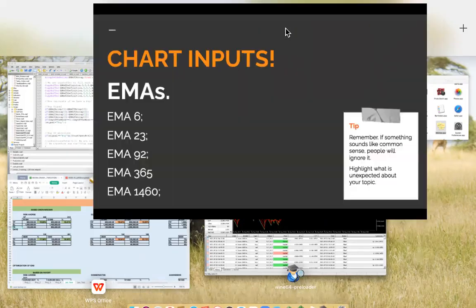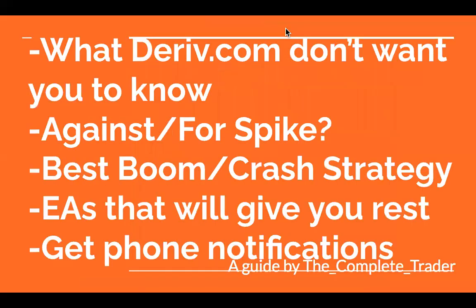And one of the last things that I wanted to talk about was how to get phone notifications on your MetaTrader. Okay, so what you would need to do is you need to get a MetaQuotes ID, and you would need to set up your MetaTrader application on the phone so that it actually gives you notifications.